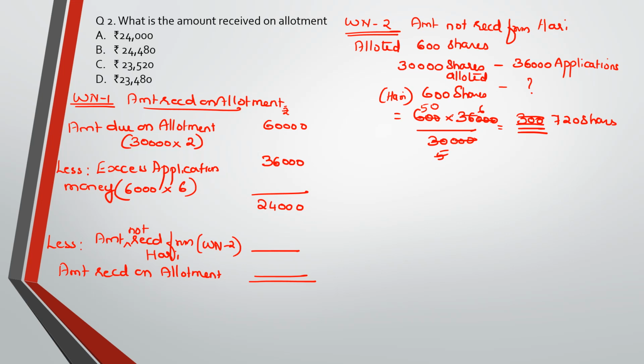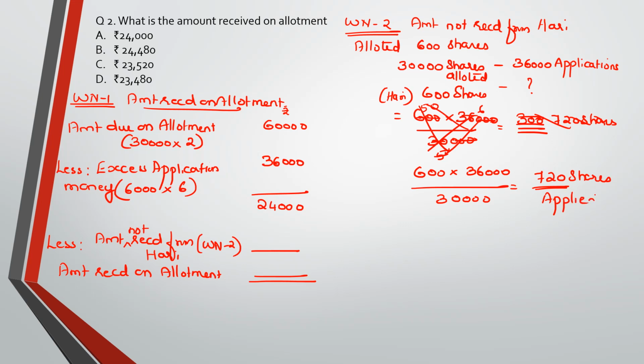The calculation mistake was here. So it is 600 into 36,000 divided by 30,000, which comes to 720 shares. These are the number of shares he had applied for. Applied for should be greater than what is allotted. That is what gave the doubt.